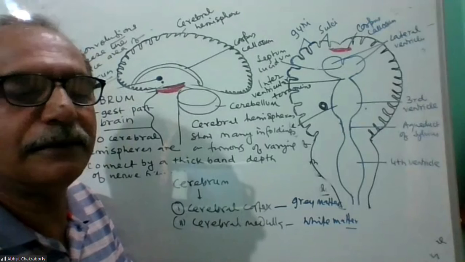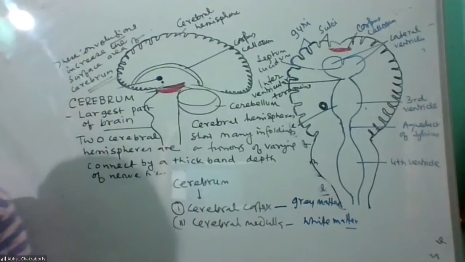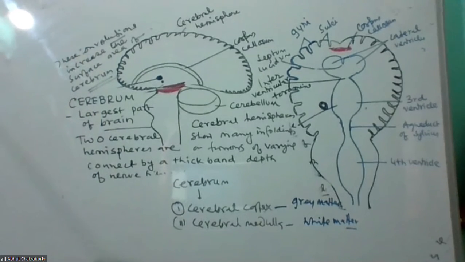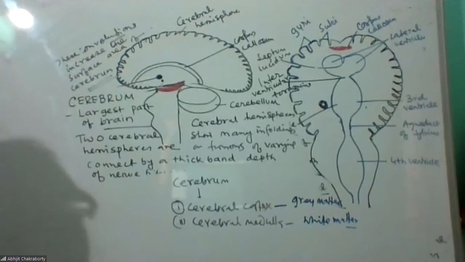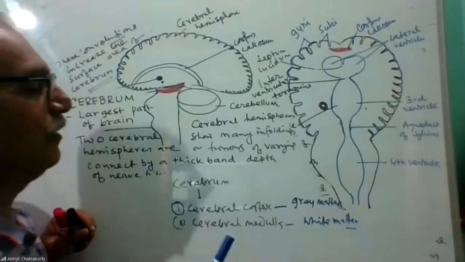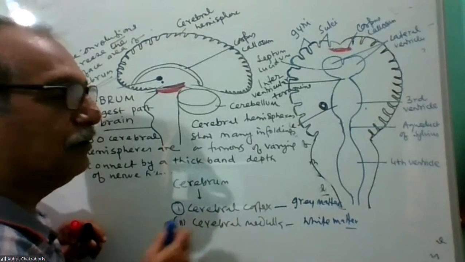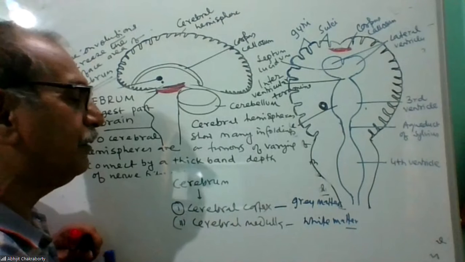Are you getting me? Is it clear to you? The cerebral cortex consists of gray matter, and the cerebral medulla consists of white matter.